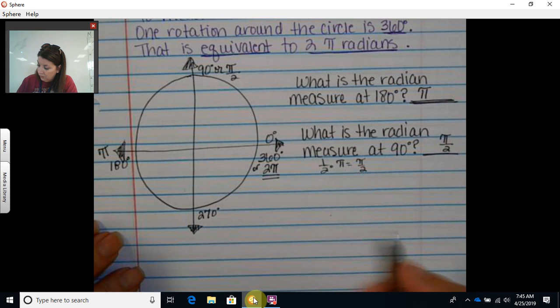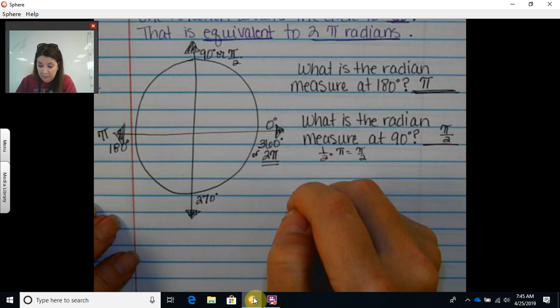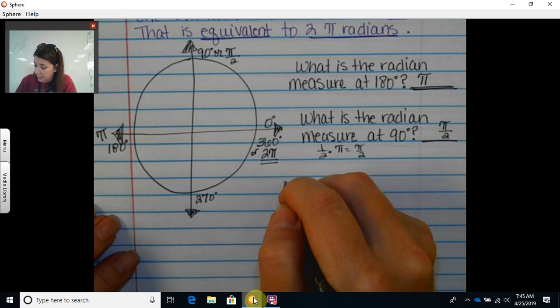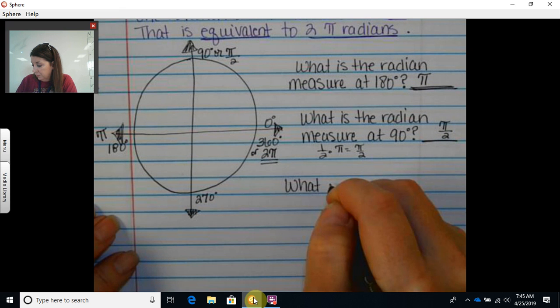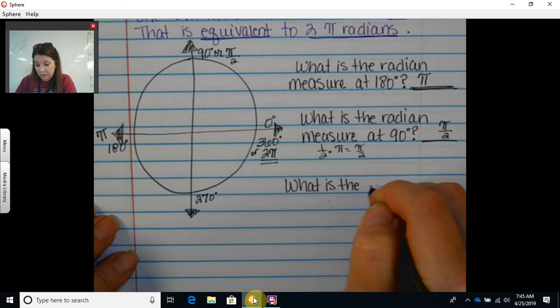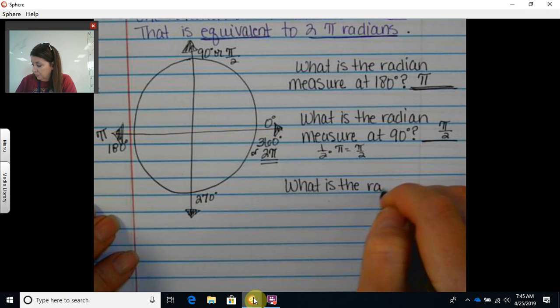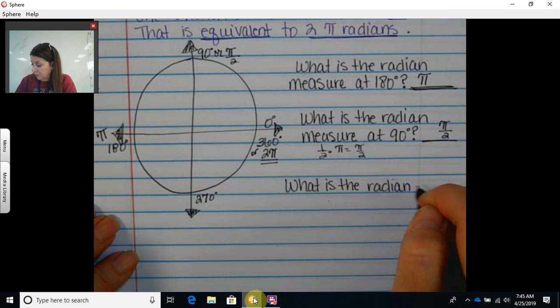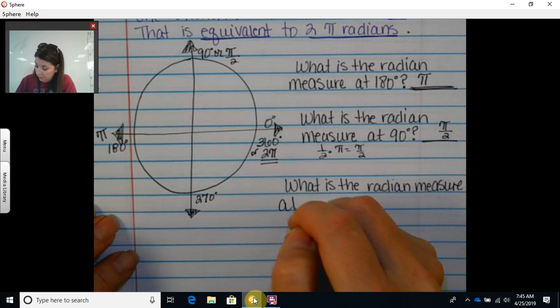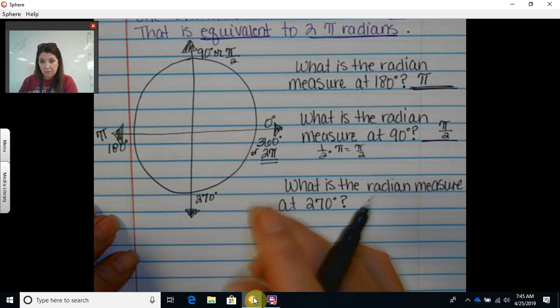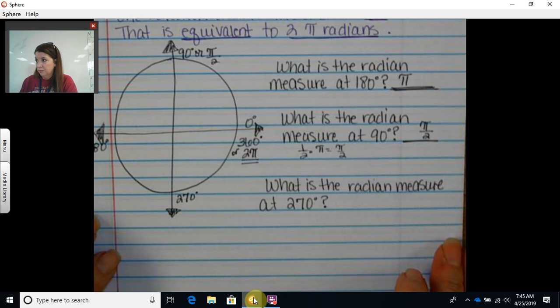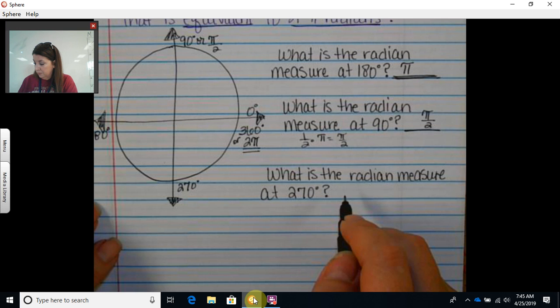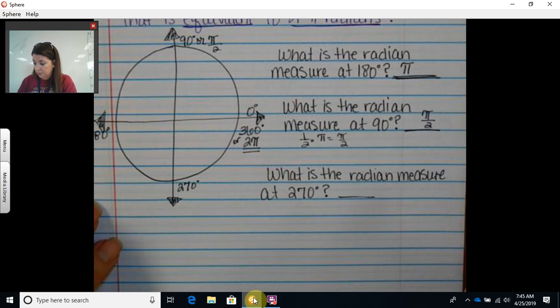Okay, then, what is the radian measure at 270 degrees? It is 1 and 1/2 pi.